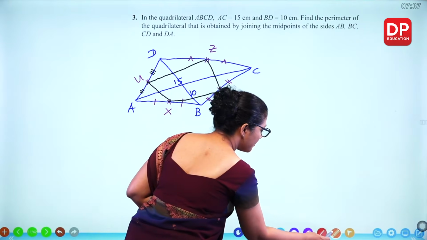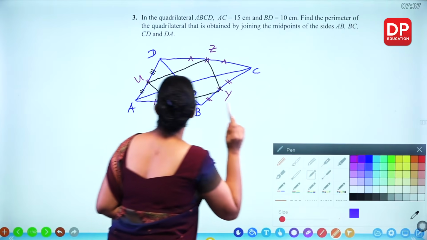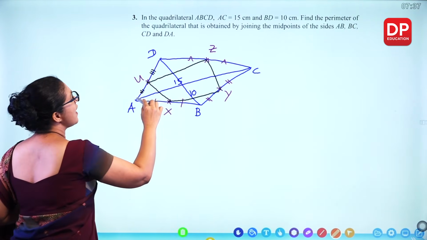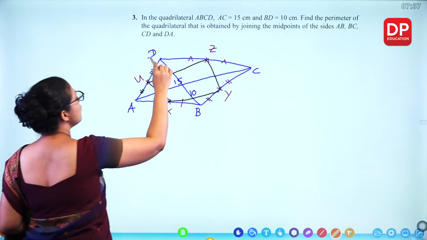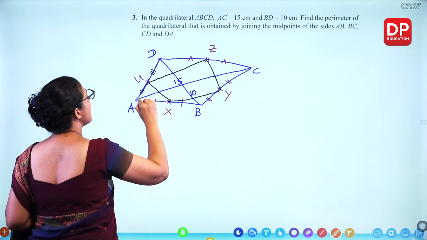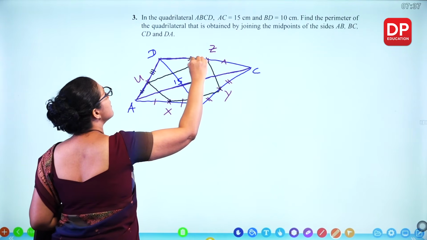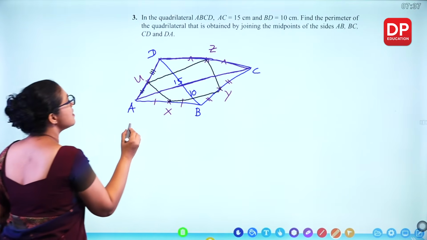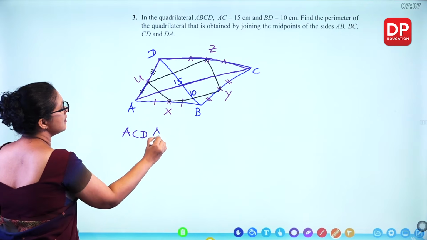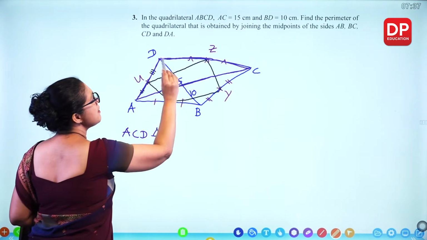If you take this triangle, what can you say about this? I'll take this triangle, ACD triangle. U is the midpoint. Z is the midpoint.